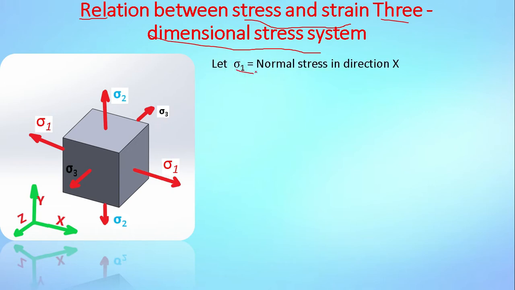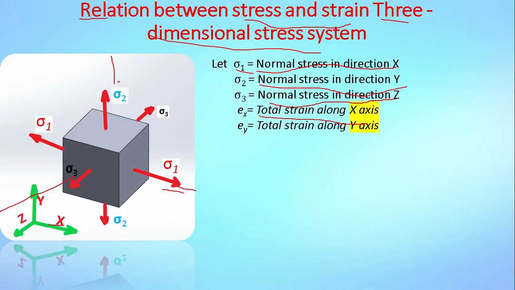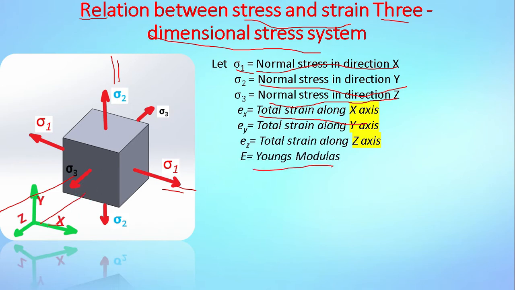Let sigma 1 be a normal stress along direction x, sigma 2 a normal stress along direction of y, and sigma 3 a normal stress along direction z. Let small e_x be total strain along x direction, small e_y total strain along y direction, and small e_z total strain along z direction. And capital E is equal to Young's modulus. So we will calculate all the strains.